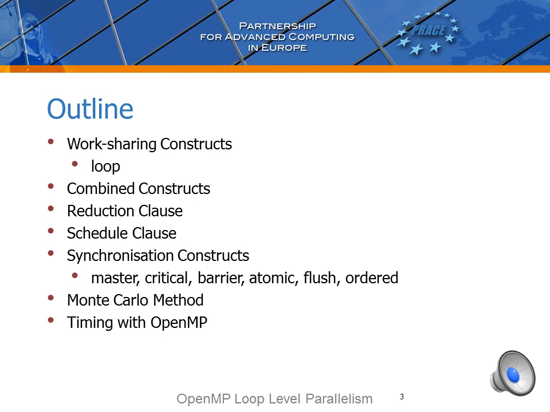Then I will talk about the synchronization constructs, master, critical, barrier, and so on, as well as explain the data race condition. At the end of the presentation, I will demonstrate a Monte Carlo example to show how to use random number generators in parallel and very briefly discuss how to measure time in OpenMP.